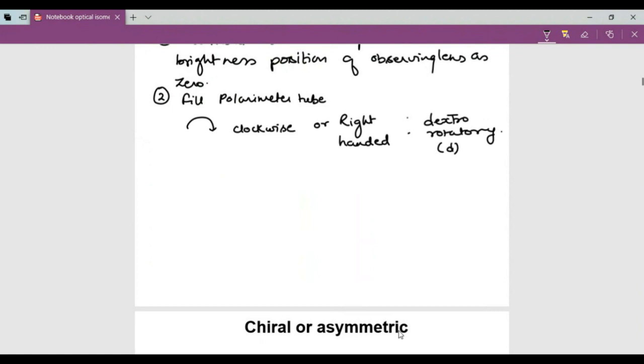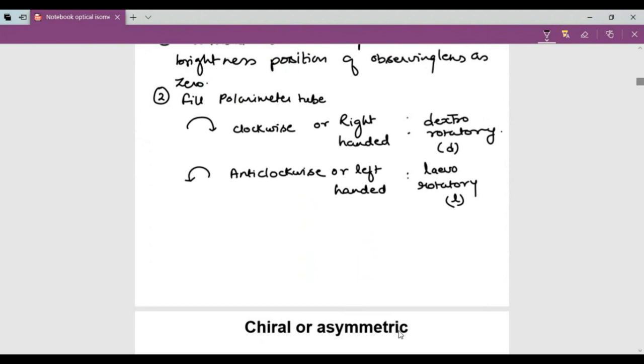Never ever, even by error, represent it by capital D. That is an entirely different thing. If you have to rotate this lens in the anti-clockwise direction, or you can say left-handed rotation, then it is called levorotatory, or small l.